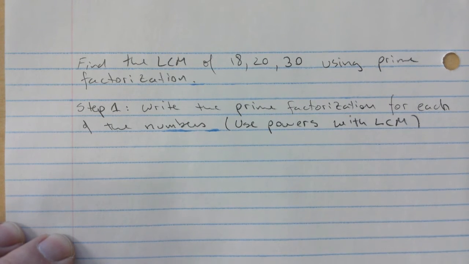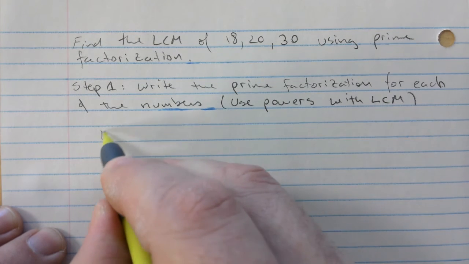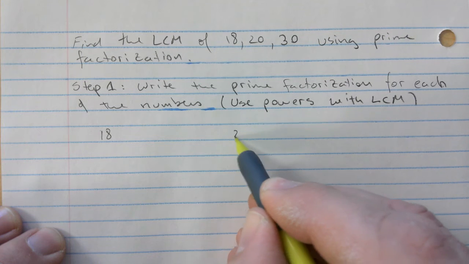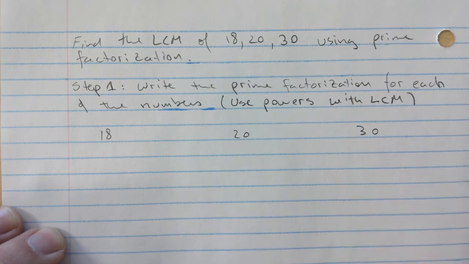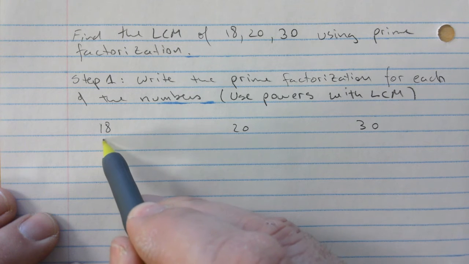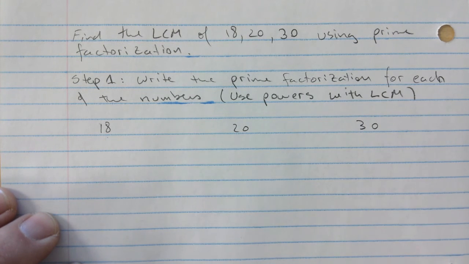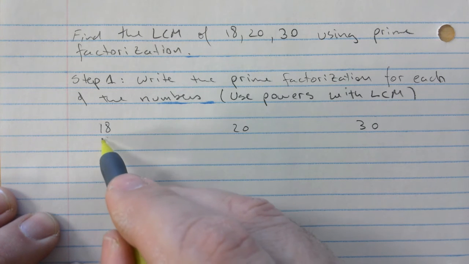So for LCM, you want to use powers. It's going to make it easier. So let's go ahead and I use small numbers for this to aid in the faster note taking, right? So you've got 18, 20, and 30. Those are the three numbers involved that you're trying to find the LCM for.